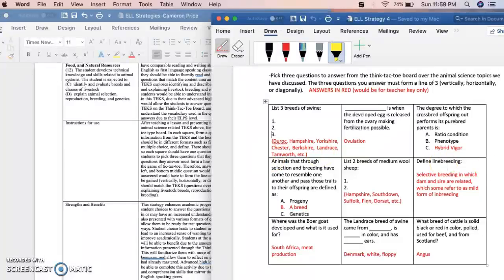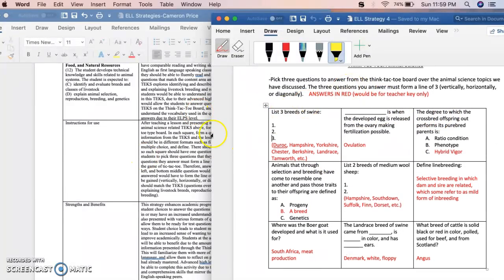They just have to line 3 of them up and do them. The point is to just have thinking and learning, but in a fun way, kind of a tic-tac-toe way, and they can choose what they have to do. They don't have to do all of it. If they do, that's great, they're learning more, but they only have to do 3 to get the credit and form the whole Think-Tac-Toe concept.